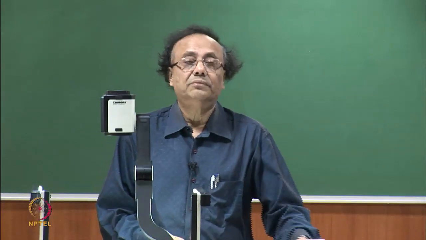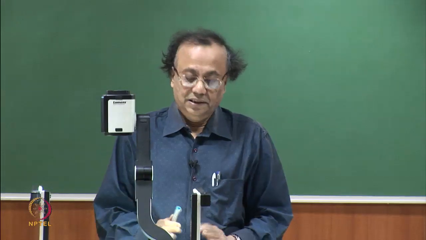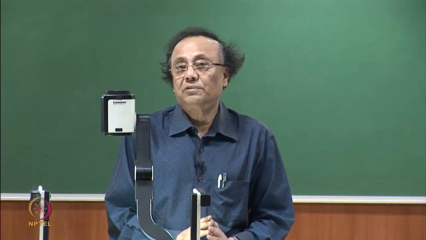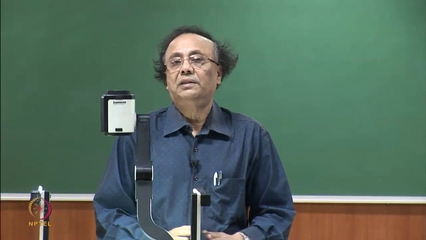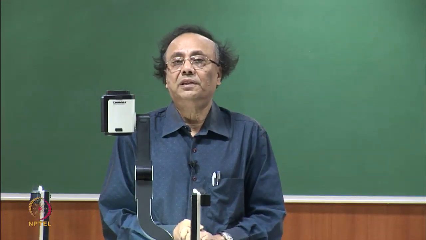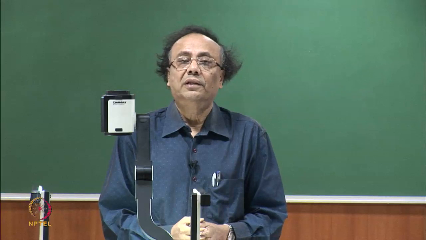Okay, students, I stop here for this class. In this class, we have understood what is a fuzzy number, what are the different types of fuzzy numbers and their shapes.